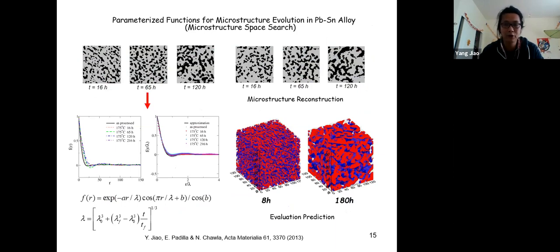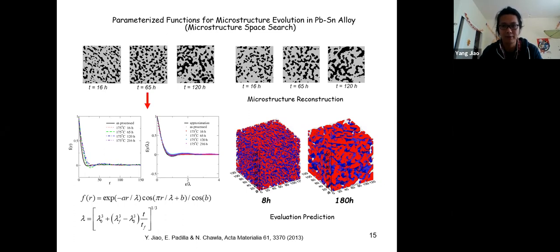And in here, you can see this is a very heterogeneous structure, but still the method seems to be working. And lastly, I want to show that the idea of using correlation function is that you can use this to probe or search the microstructure space. And we show that this is also feasible because you can parameterize the correlation functions incorporating the actual physics. In here, we use the correlation function to model the microstructure evolution in the binary alloy during the aging process.